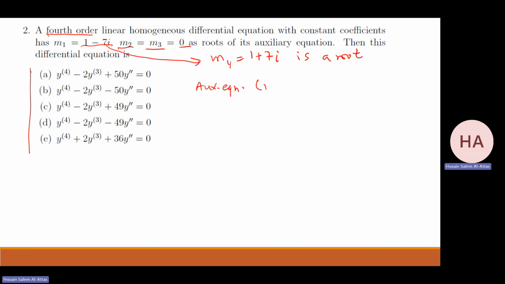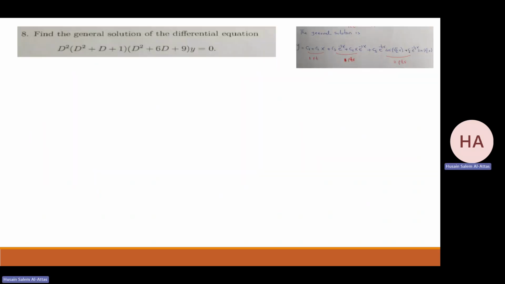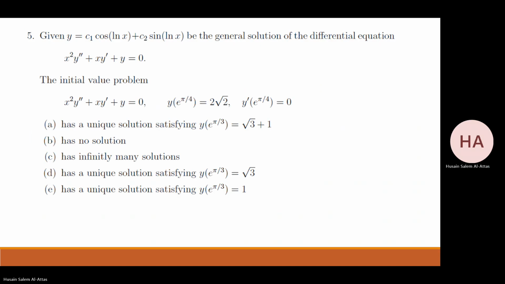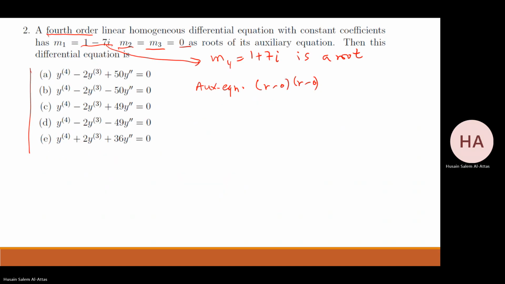It will be r minus 0, r minus 0, times r minus 1 plus 7i times r minus 1 minus 7i equal to 0. So you have r squared and you have r minus 1 squared plus 49 equals 0.